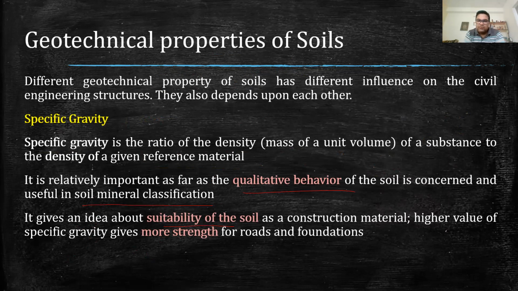If the value of specific gravity is higher, then it means the bearing capacity of the soil will be higher, and therefore we can construct roads and foundations on that kind of soil. If the specific gravity is lower, then obviously the bearing capacity of the soil will be lower. So this property, specific gravity, gives an indication whether the soil is suitable for the foundation or not.